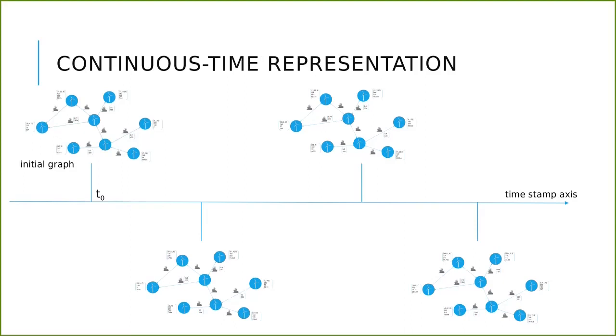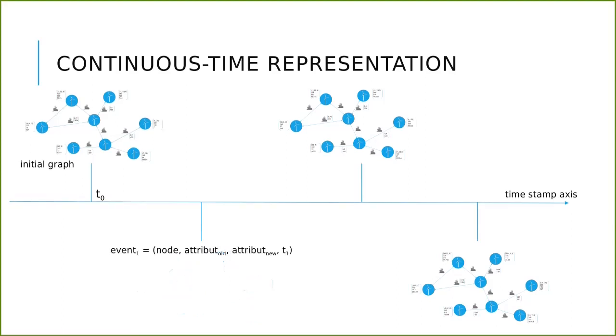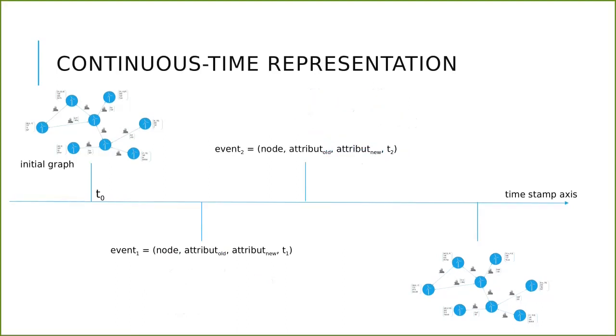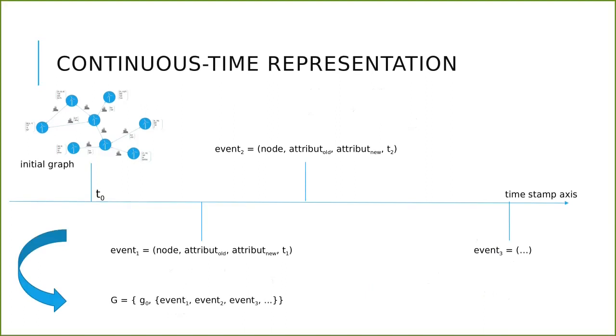Opposed to that, there is also the continuous time representation, which just keeps an initial static graph snapshot from a start time t0 and exchanges all other snapshots with time-stamped event tuples encoding the dynamical behavior of the graph. So we end up with a set containing the initial graph and a set of time-stamped events.